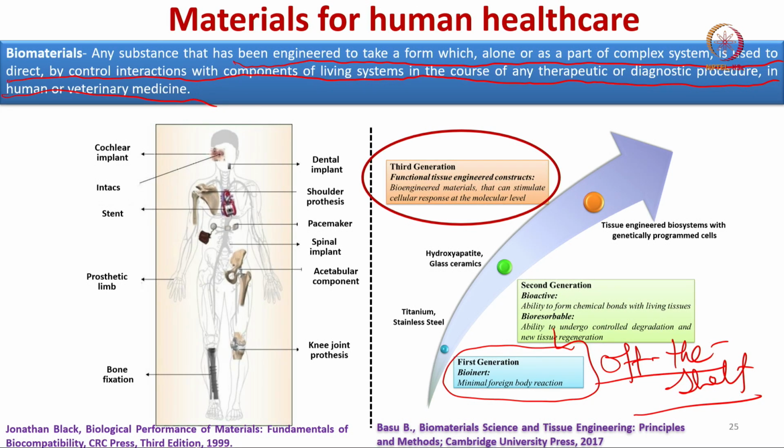This class of materials were already used for other non biomedical applications for decades, and they have shown their performance, or they are time tested materials, but for different non biomedical applications, and people started using those materials for biomedical applications. So, this is called first generation biomaterials.